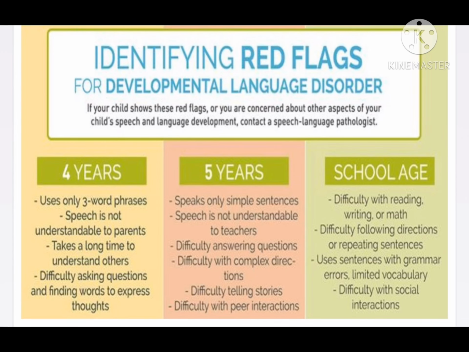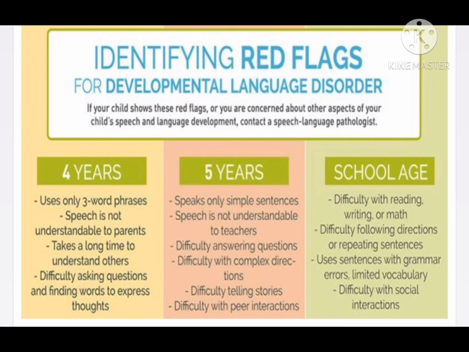For 4 years old: uses only 3 words or phrases. Second, speech is not understandable to parents. Third, takes a long time to understand others. Fourth is difficulty asking questions and finding words to express thoughts. Then for 5 years: speaks only simple sentences. Second is speech is not understandable to teachers.